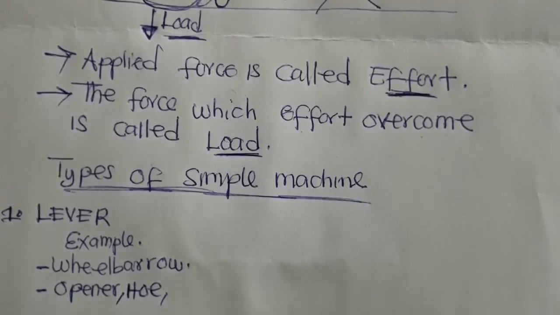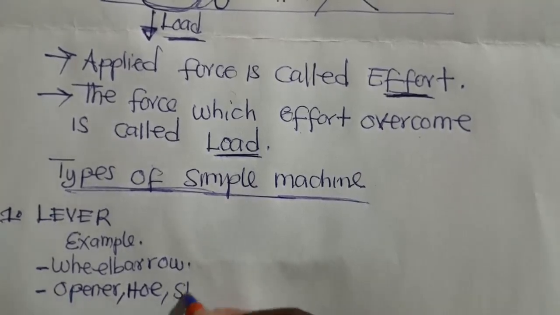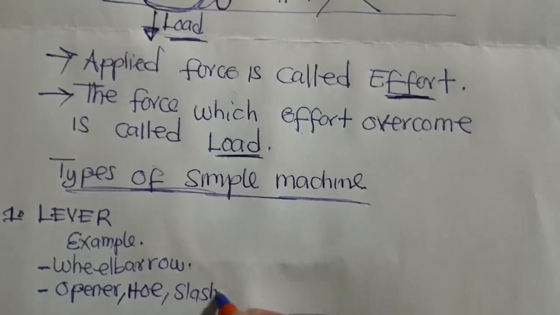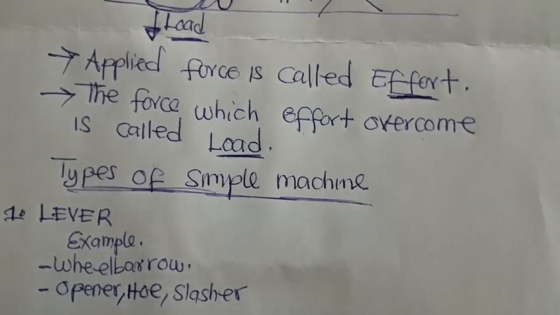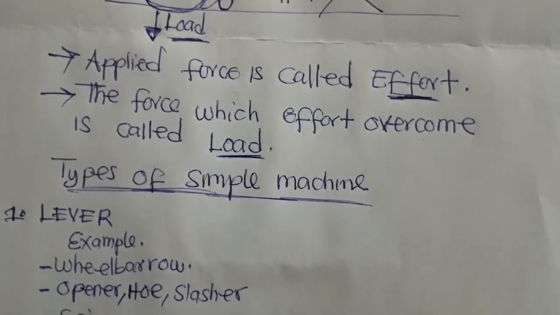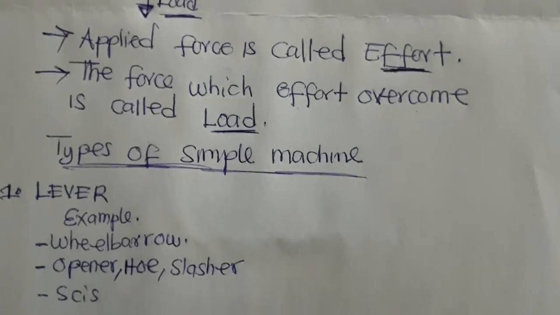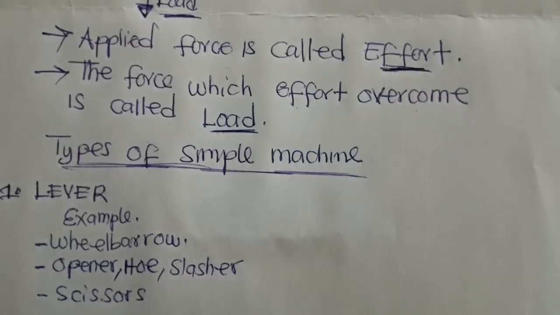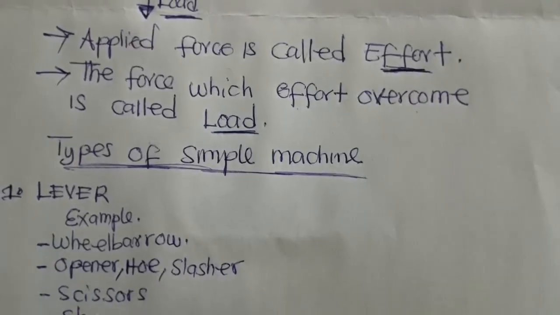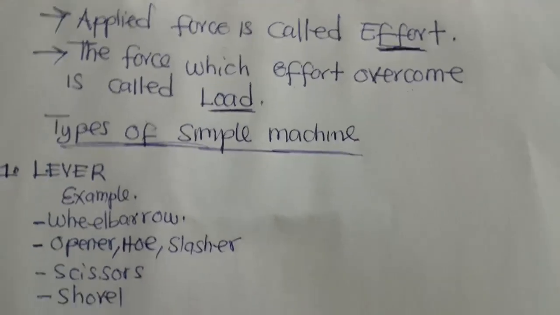So we've got a slasher, which is one of them. We've got scissors, this is also one of them. These are just examples. They're quite a lot. Shovel is also an example.